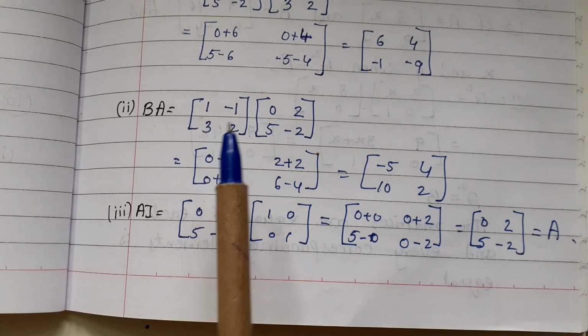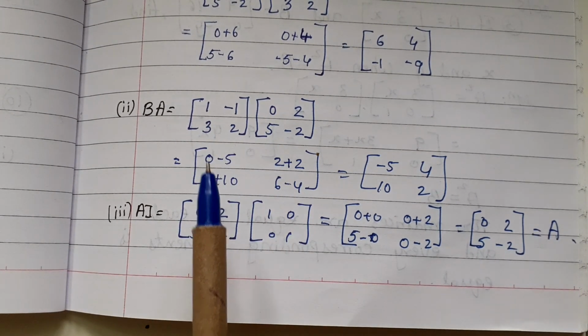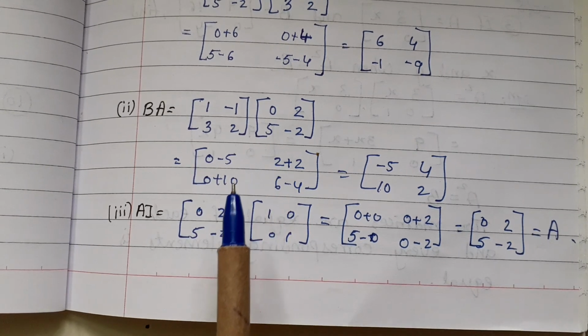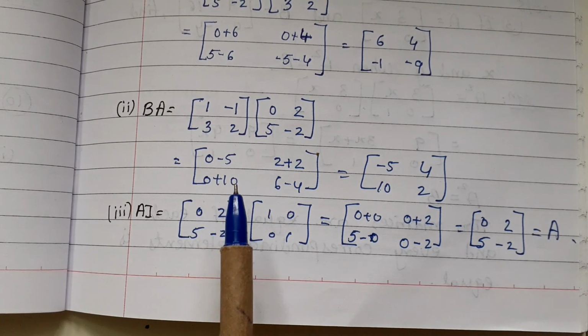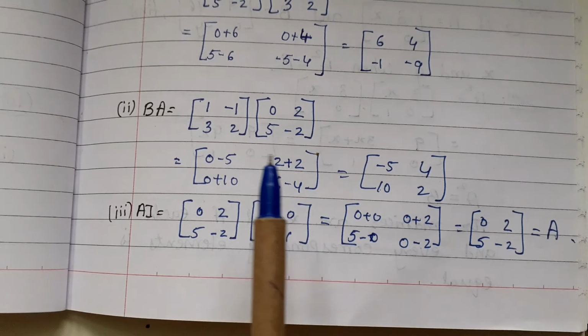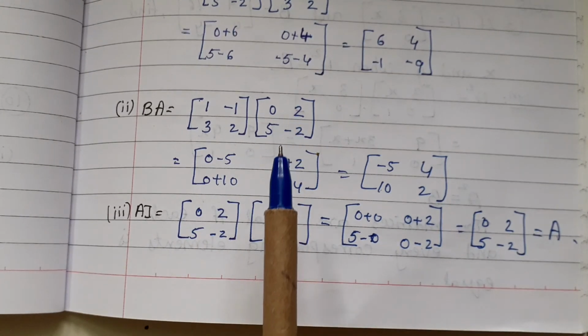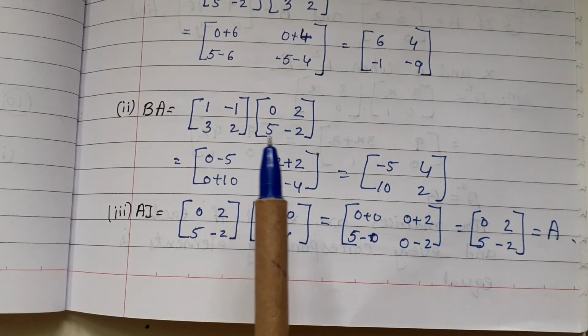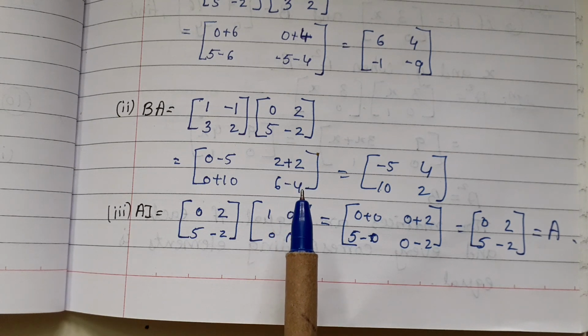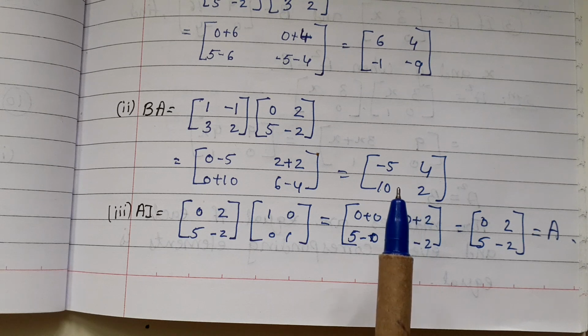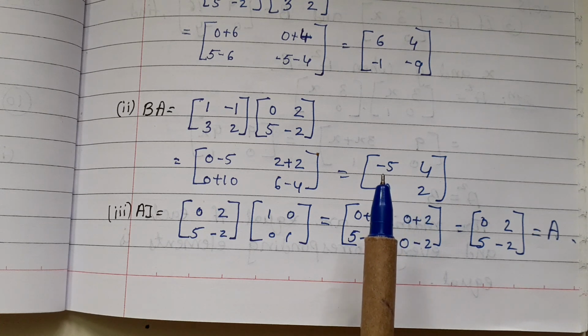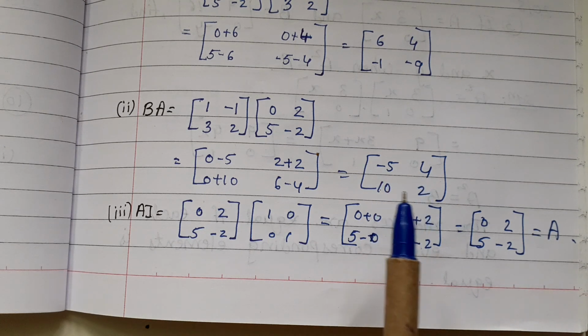Third element, 3 into 0, 0, 2 5s are 10, 0 plus 10, 10, 3 2s are 6, 2 into minus 2, minus 4, 6 minus 4, 2. Hence BA is [-5 4; 10 2].